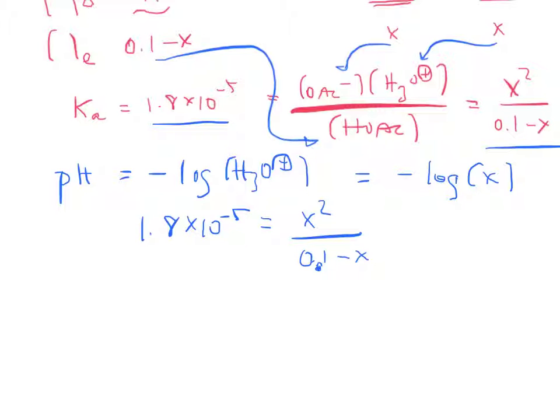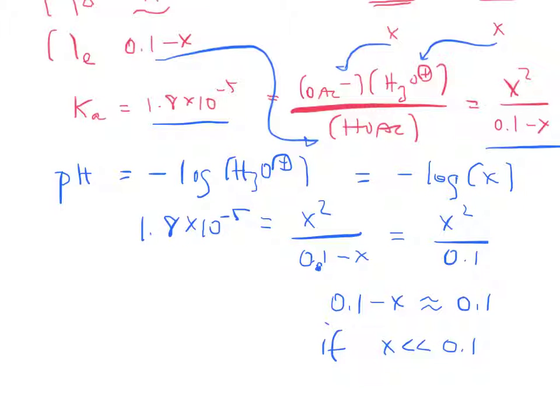In other words, we could say that 1.8 times 10 to the minus fifth is equal to x squared over 0.1, because 0.1 minus x is about equal to 0.1 if x is much, much less than 0.1. Generally speaking, with weak acids, this is a good approximation to make.